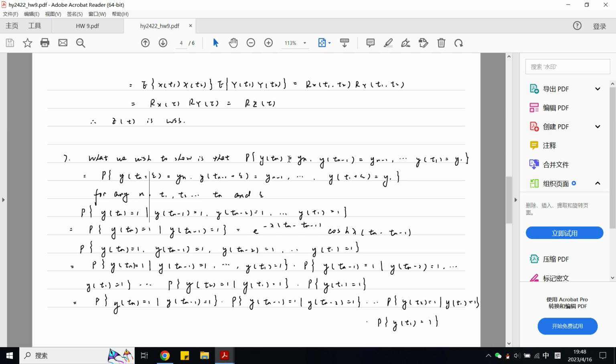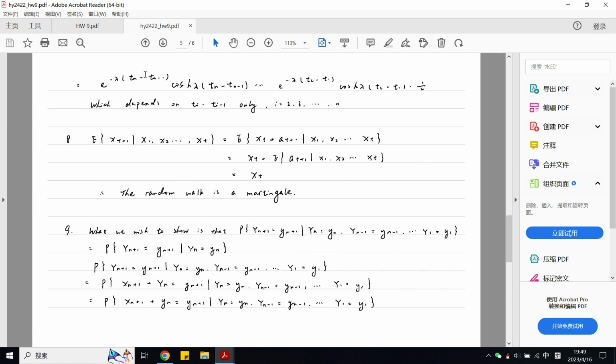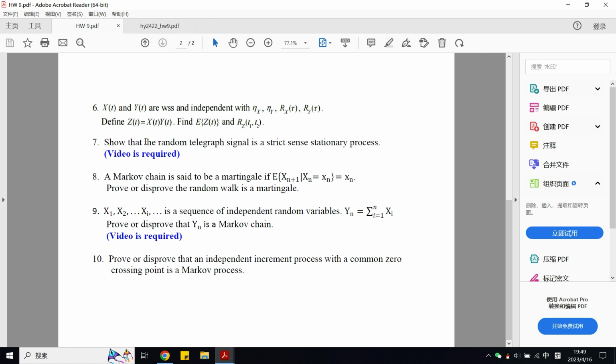So after that, we can find that the probability that Y(t_n) equals y_n, Y(t_{n-1}) equals y_{n-1}, and Y(t_1) equals y_1 equals the probability that Y(t_n + c) equals y_n, Y(t_{n-1} + c) equals y_{n-1}, and Y(t_1 + c) equals y_1.